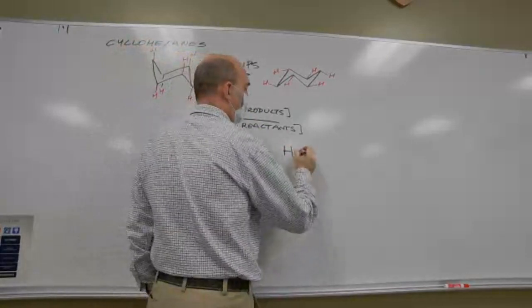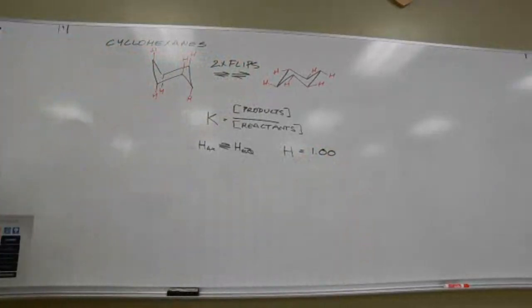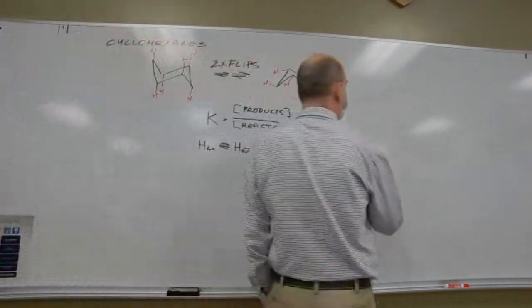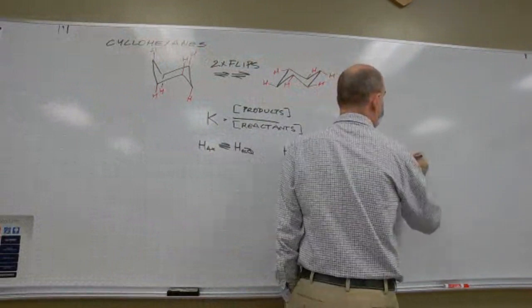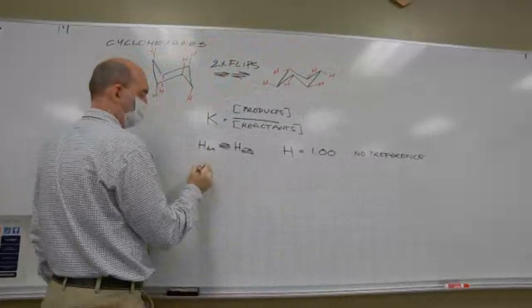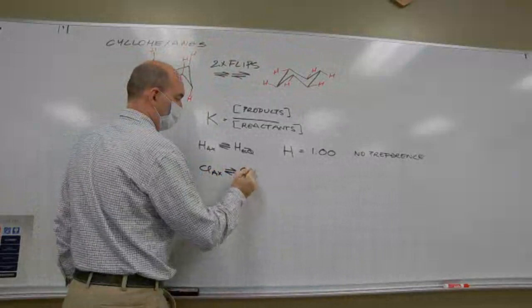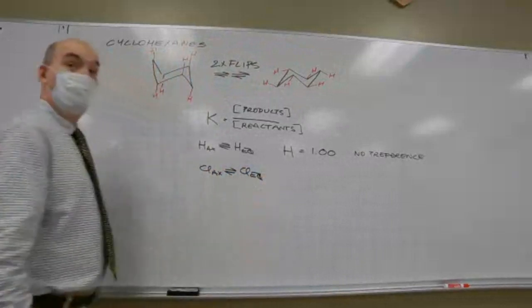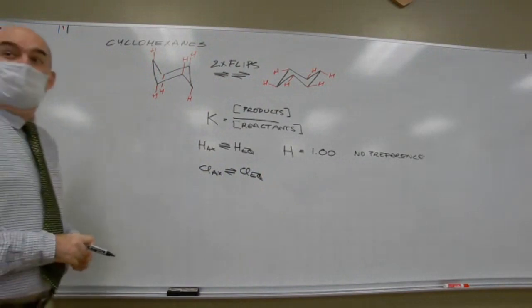For hydrogen in cyclohexane, that value is 1, meaning no preference. You put a halogen on this molecule, like a chlorine or a bromine.